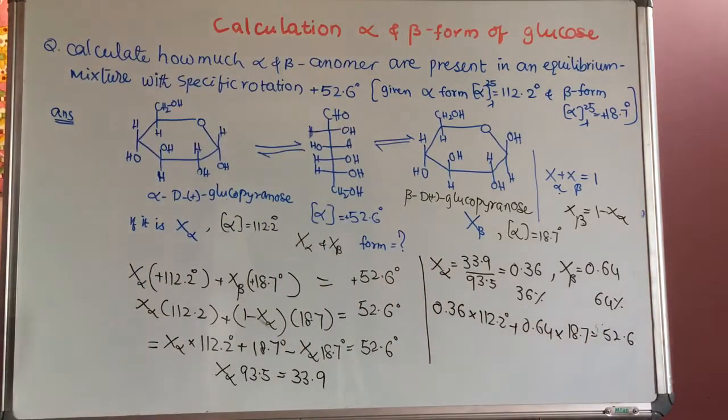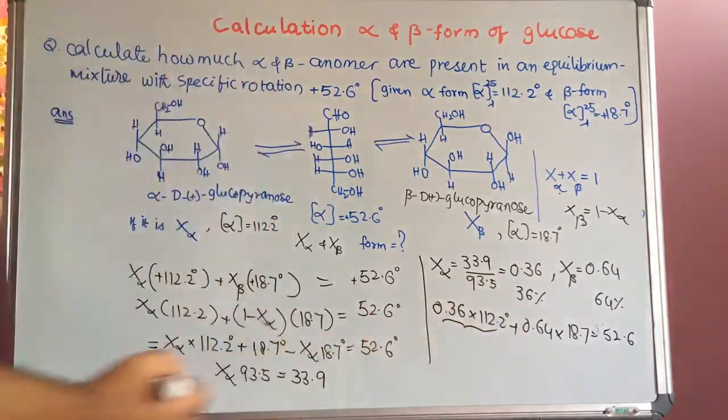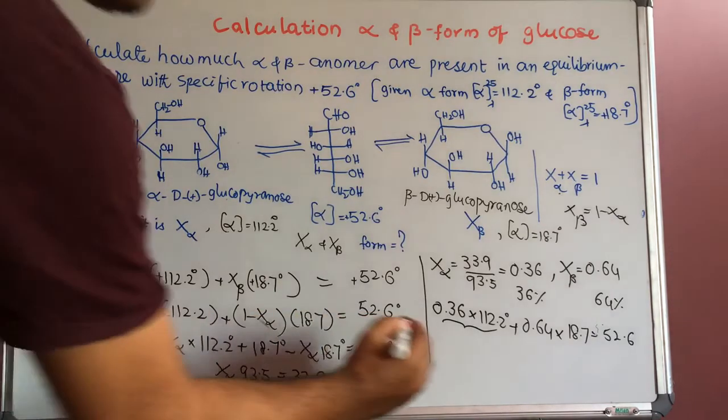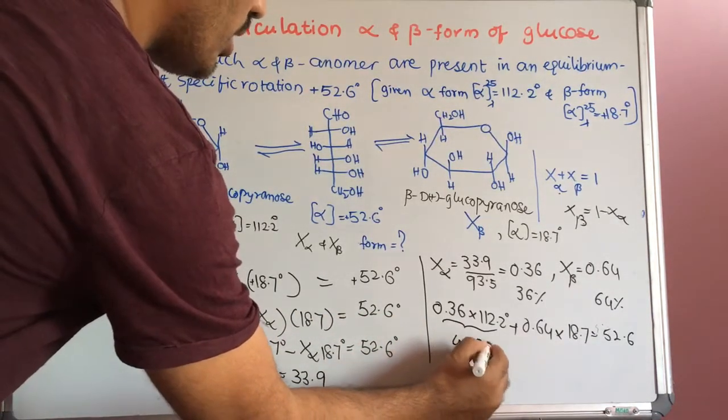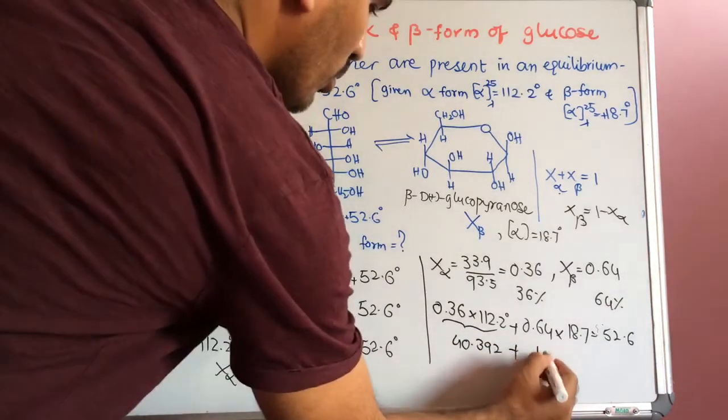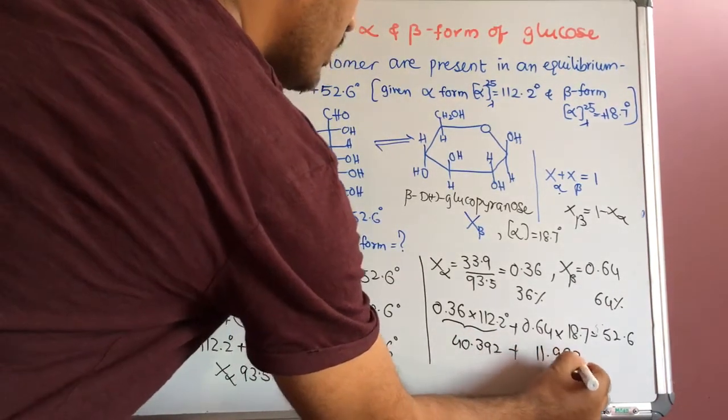We have to check whether it is equal or not. If you multiply these two, we get nearly 40.392, and if you multiply 0.64 and 18.7, that gives nearly 11.968.